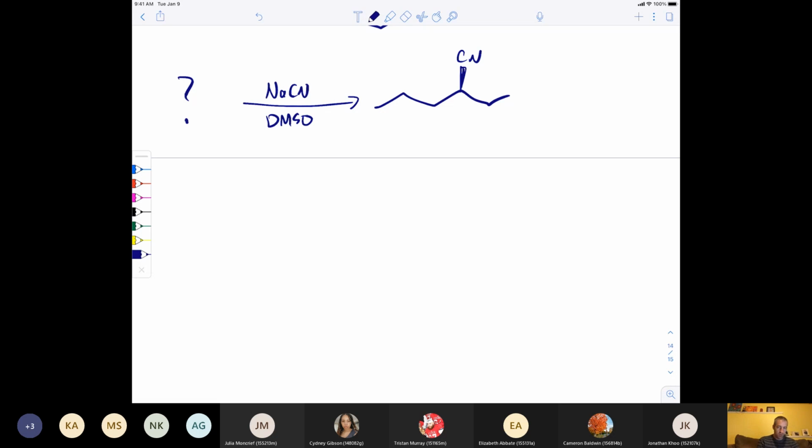I hope you'd recognize this one as being a substitution, that every time we see CN- attacking, it's acting as a nucleophile. It's going to be displacing, it's at a secondary position, so it's going to be an SN2. It's going to be displacing a halide, a halogen. So our starting material should look exactly the same as that, with a halogen where the cyanide is, but if you drew this, you'd be wrong.